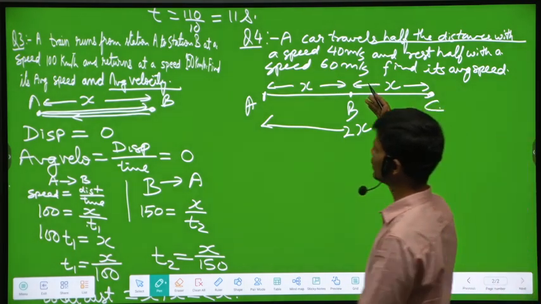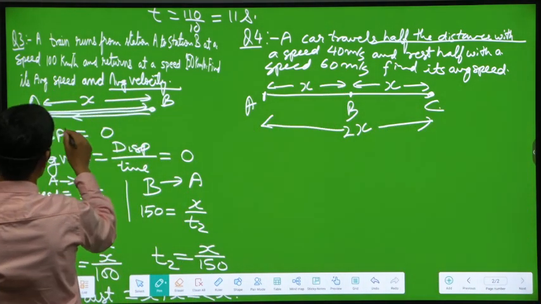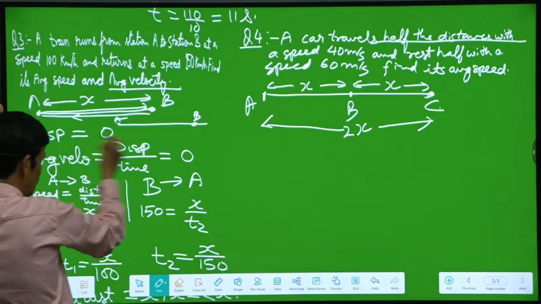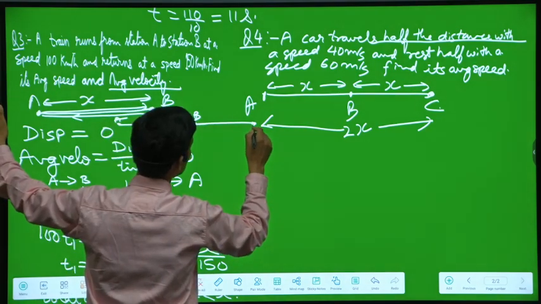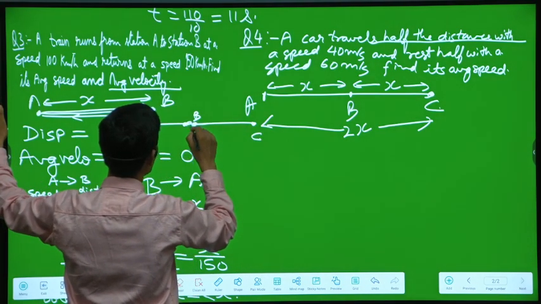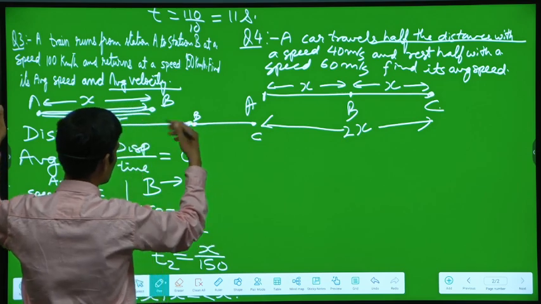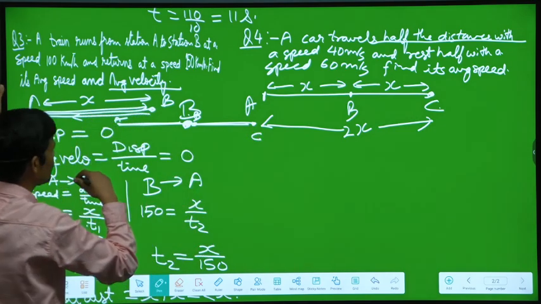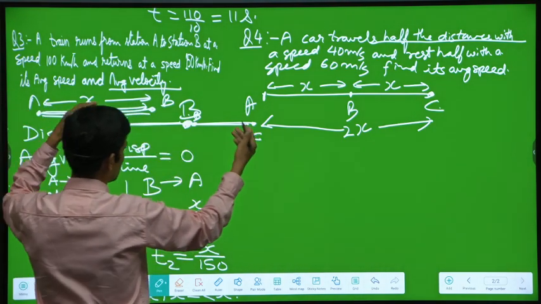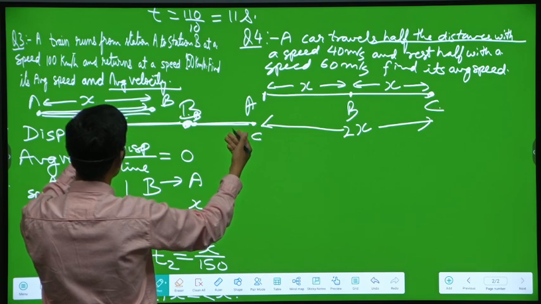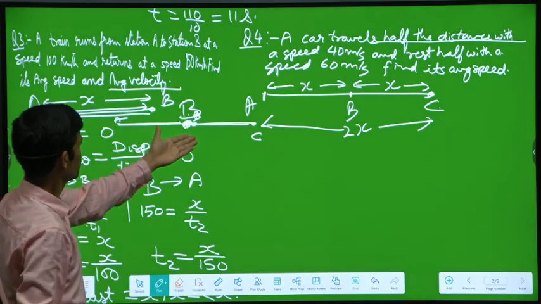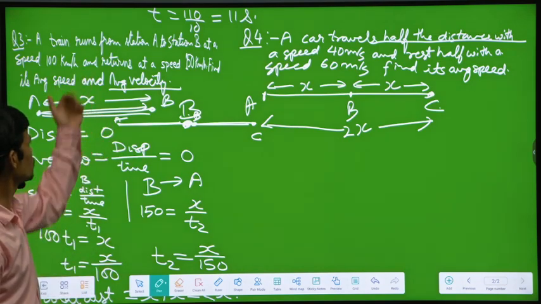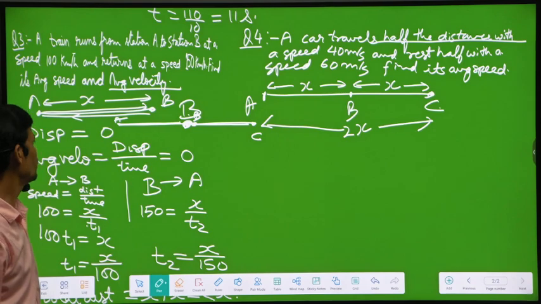So this question is quite similar to this question. If, instead of A to B returning back, there is another station C which has the same distance, it is not looking nice, but let us suppose both are approximately the same. So the same question can be framed as this question I have framed for you.